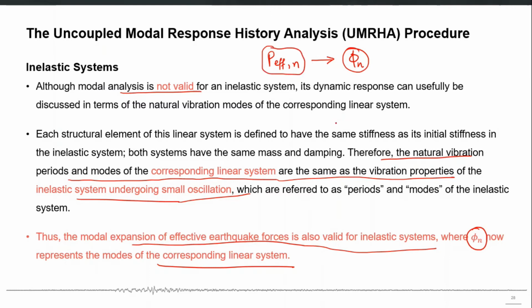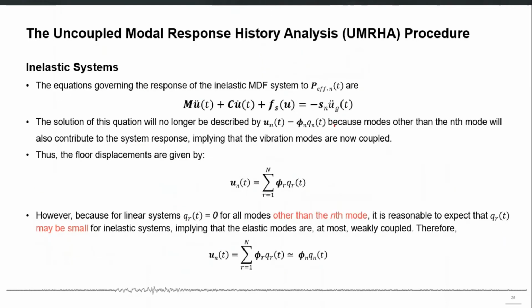for each mode. Now the same equation for nth modal forces is written, but the Ku term is replaced by a nonlinear function. It is not equal to Ku anymore.